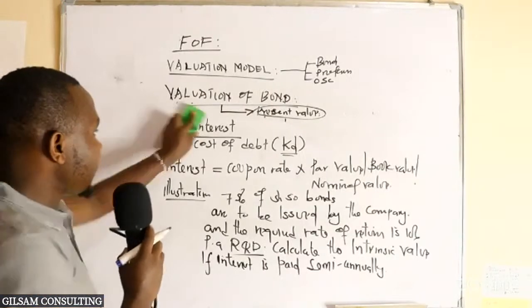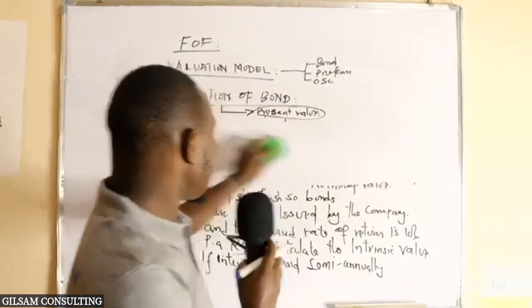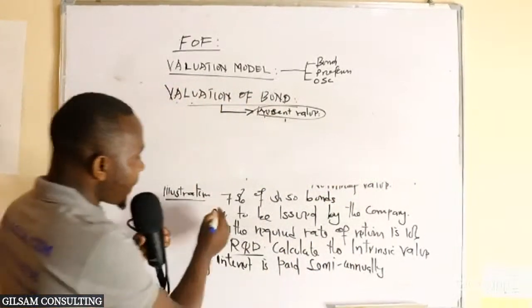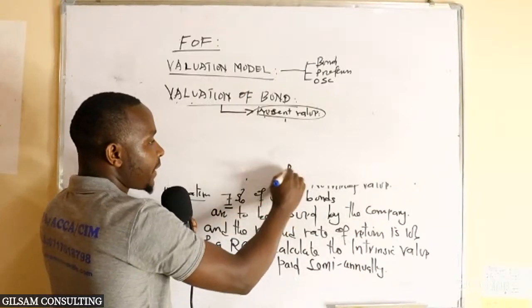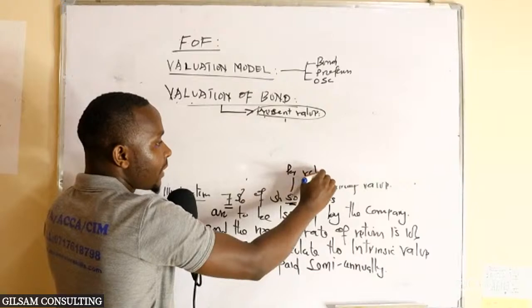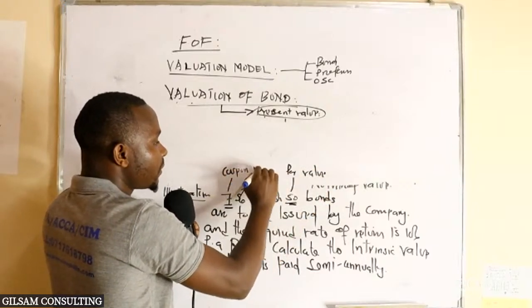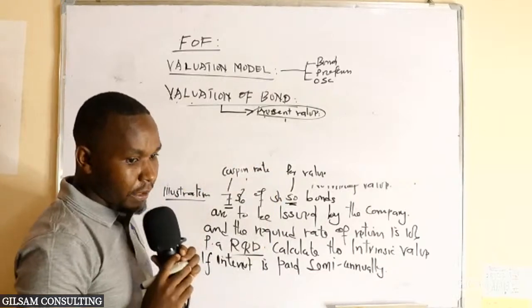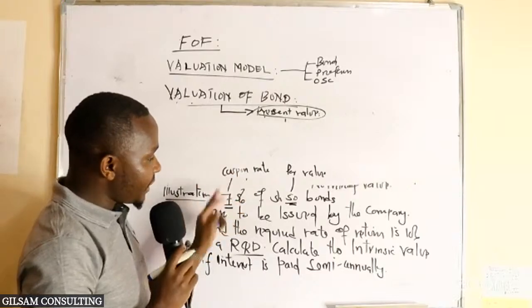So the first thing is you get your interest. Ukipewa a percentage of the price, this is par value, and this is the coupon rate. So lazima uzielewe hizi coupon rate.